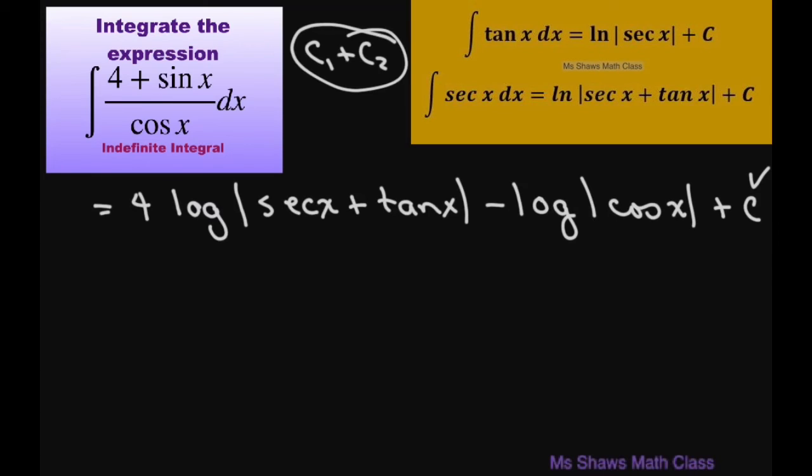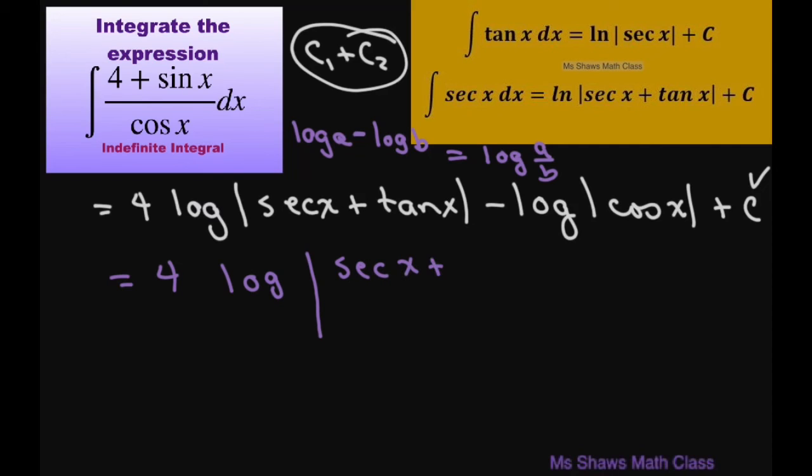Now the reason I wanted this negative is now I can condense this. If you have a log of a minus log of b, I can write this as a single log of a divided by b, using the quotient property for logarithms. So I'm going to write this as equal 4 log, and I'm going to have absolute value of secant of x plus tan of x.